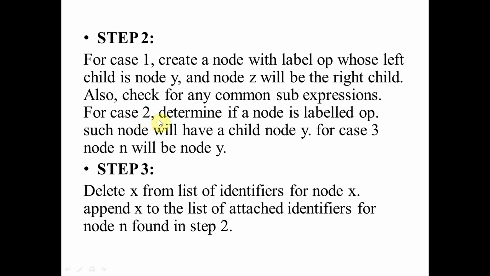For case 2, determine if a node is labeled OP. Such a node will have a child node y. In the case of case 3, node n will be node y. Then, in step 3, delete x from the list of identifiers for node x. Append x to the list of attached identifiers for node n.